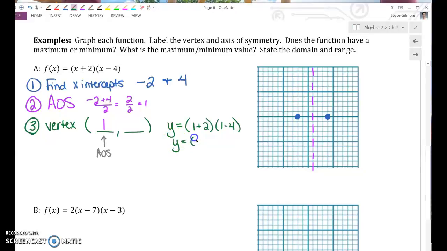Y equals 3 times negative 3, which is negative 9. So the y value of your vertex is negative 9. On your axis of symmetry, put a point at negative 9. Our vertex is at 1, negative 9. Now we have our 3 points. We can draw in our parabola.